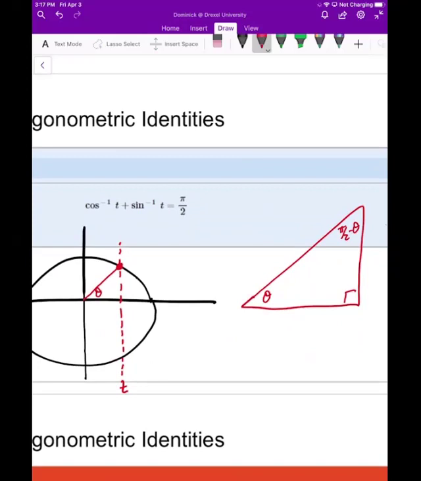So I'm essentially adding this angle to this angle.